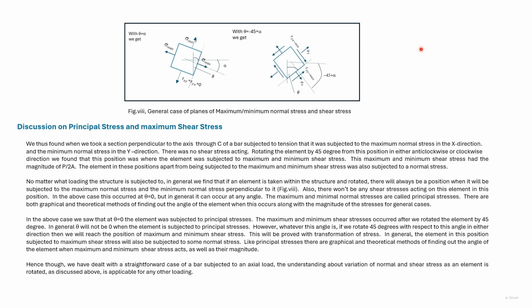Now, if that angle is alpha, then if we rotate the element by another 45 degrees, so alpha minus 45 or alpha plus 45, then we'll get the maximum and minimum shear stress acting on that element. There will also be some normal stress, sigma x and sigma y, acting on the element. So even though we have looked only at a straightforward case, we have been able to study some of the features of transformation of stress, mainly physically.